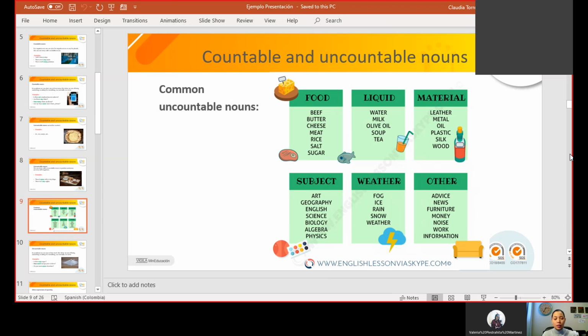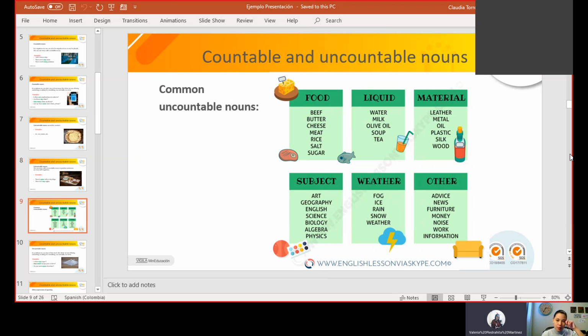Okay, and now material. When we're talking about material, it's what things are made of, right? So leather, metal, oil, plastic, silk, and wood. Wood es madera, ¿cierto?